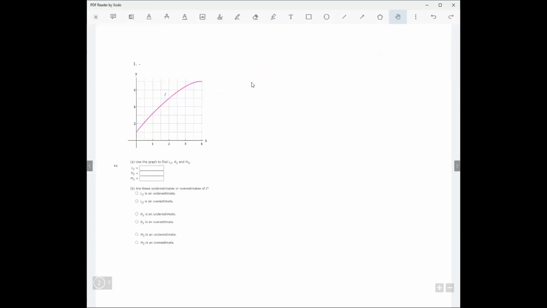it goes back to when we were first learning about integrals and what they are. The important thing to remember is that a definite integral is the area under the curve.